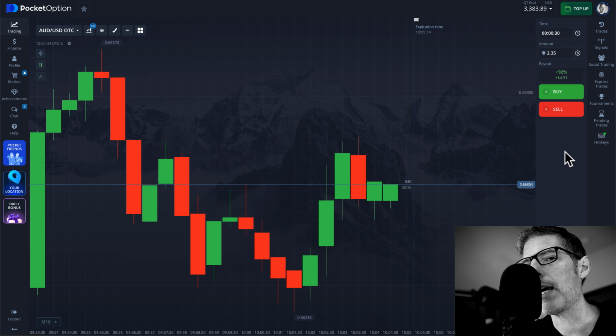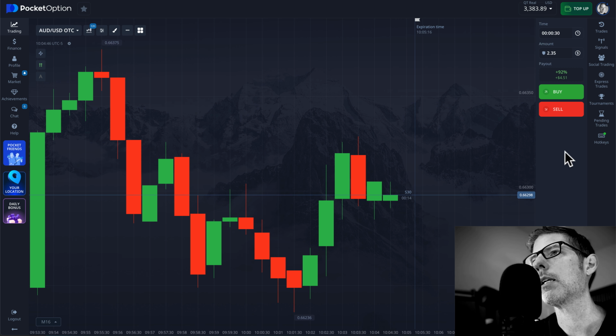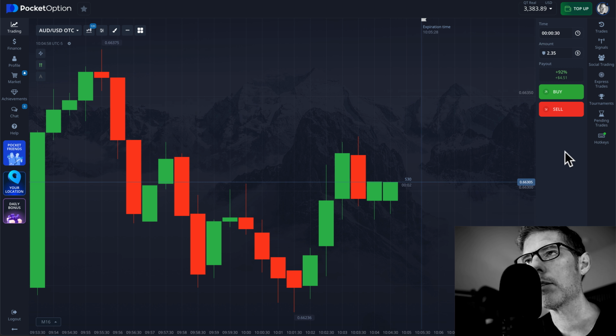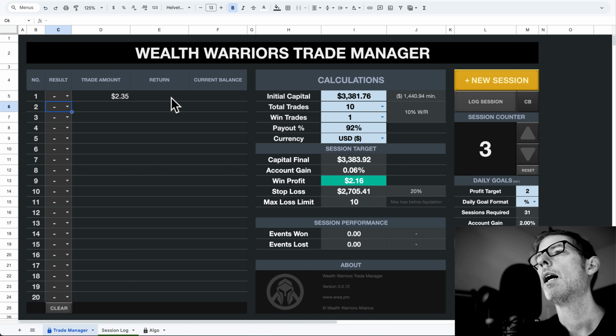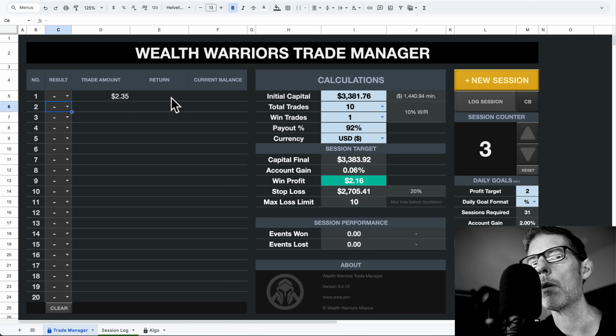If you have your account verified properly, and we have a lot of different tips and strategies to make sure that you can withdraw your money from Pocket Option, and even how long it takes to receive your withdrawals as well. So that's a big thing. Why is it different? How come some members can get their money in an hour compared to some members that it might take a few days? Well, there are reasons for that.